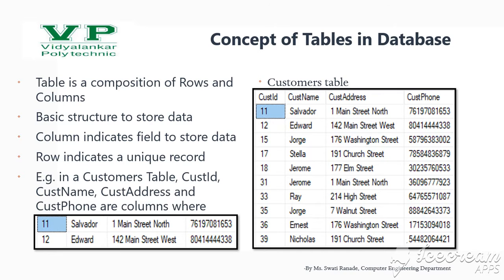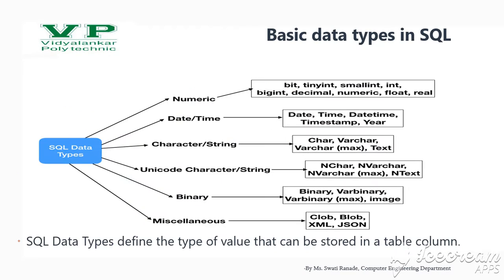So what type of data we need to store will be decided by what data type you have used. So data type is nothing but what type of value you are going to store under that column. There are various data types present in SQL: numeric, date, character, Unicode, binary and some other kind of miscellaneous data.